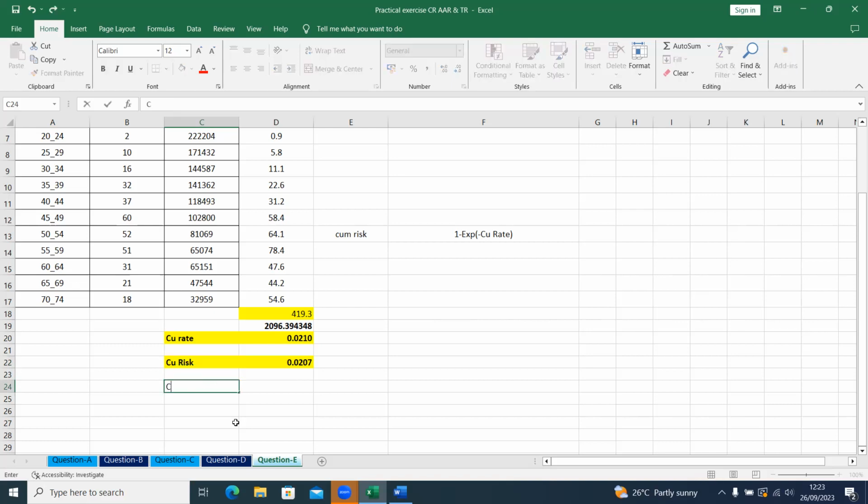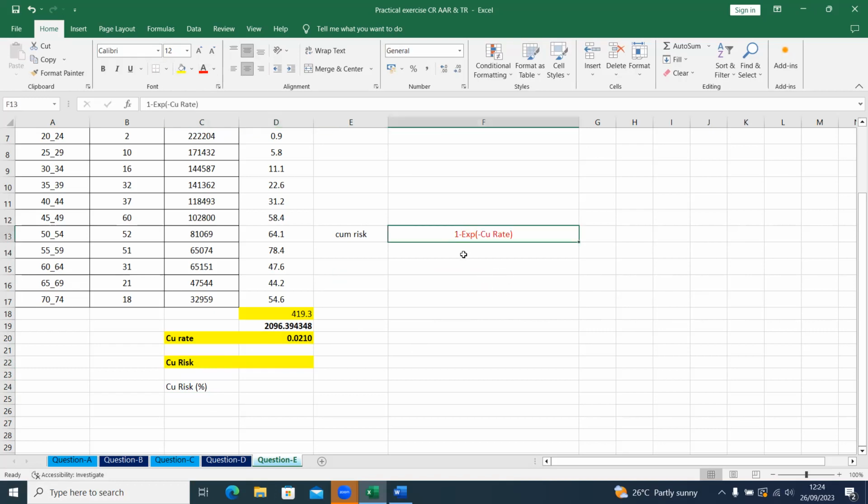Okay. Now here I will just multiply this by 100. Please repeat again, Miss Susan, the cumulative risk. So the formula to calculate cumulative risk is, here I have mentioned the formula. To calculate cumulative risk, we need the cumulative rate. The formula is 1 minus exponential of minus cumulative rate.